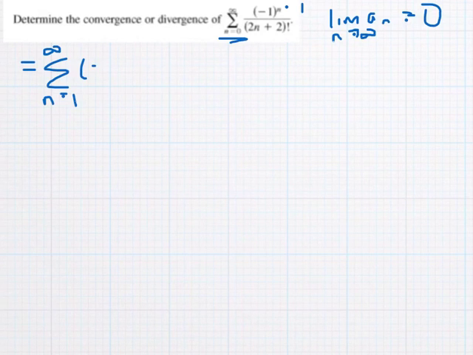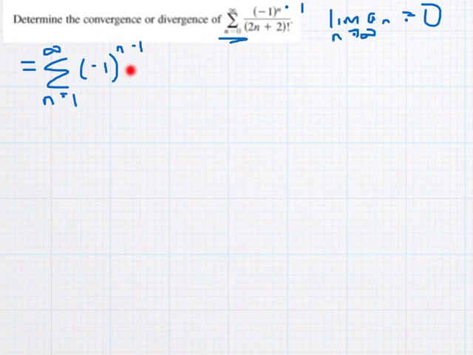Let's take the negative 1. Now that had originally been to the n, so now we'll make it n minus 1, because n was supposed to have started at 0.